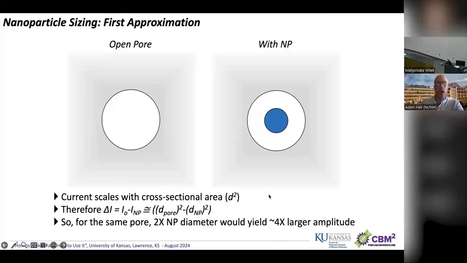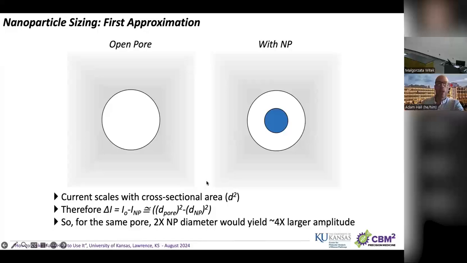And so the current through either of these cases is going to scale with the square of the diameter of the pore, assuming that it's a perfect circle. Therefore the amplitude, the delta I, the delta current that you'd be measuring, can be expressed as the square of the pore diameter minus the square of the nanoparticle diameter.